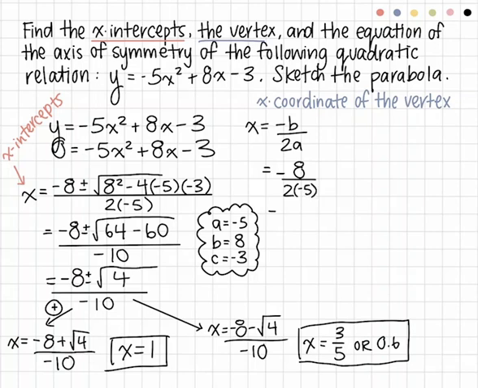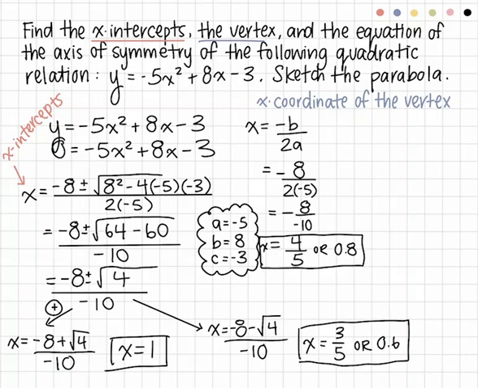That equals negative 8 over negative 10, which is equivalent to 4 over 5, or 0.8. So you just found the x-coordinate of the vertex.